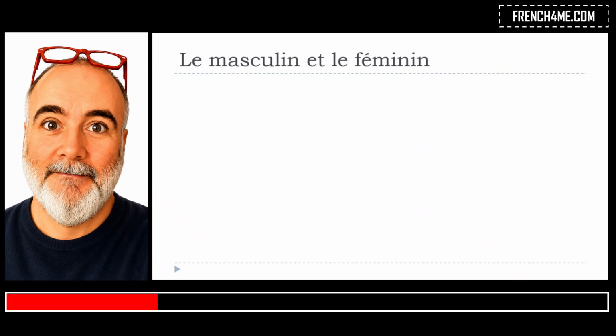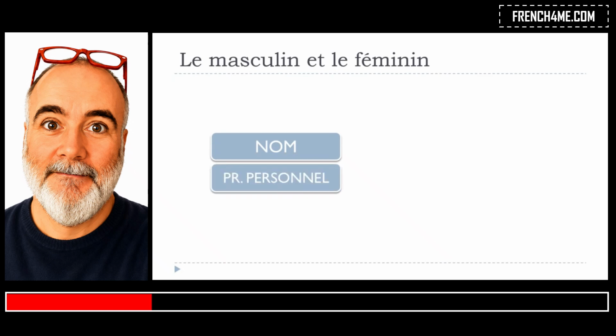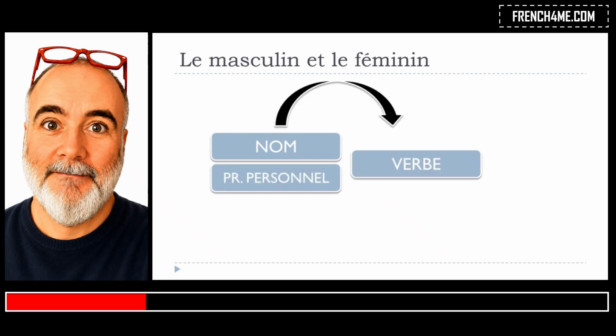Okay, and then it's also actually possible that the noun, or as we saw, le pronom personnel, will affect the verb. We are talking in that case about what we call compound tenses. So we will cover that probably in unit 4, 5 or 6. We're talking about le passé composé, for instance, so the past tense.